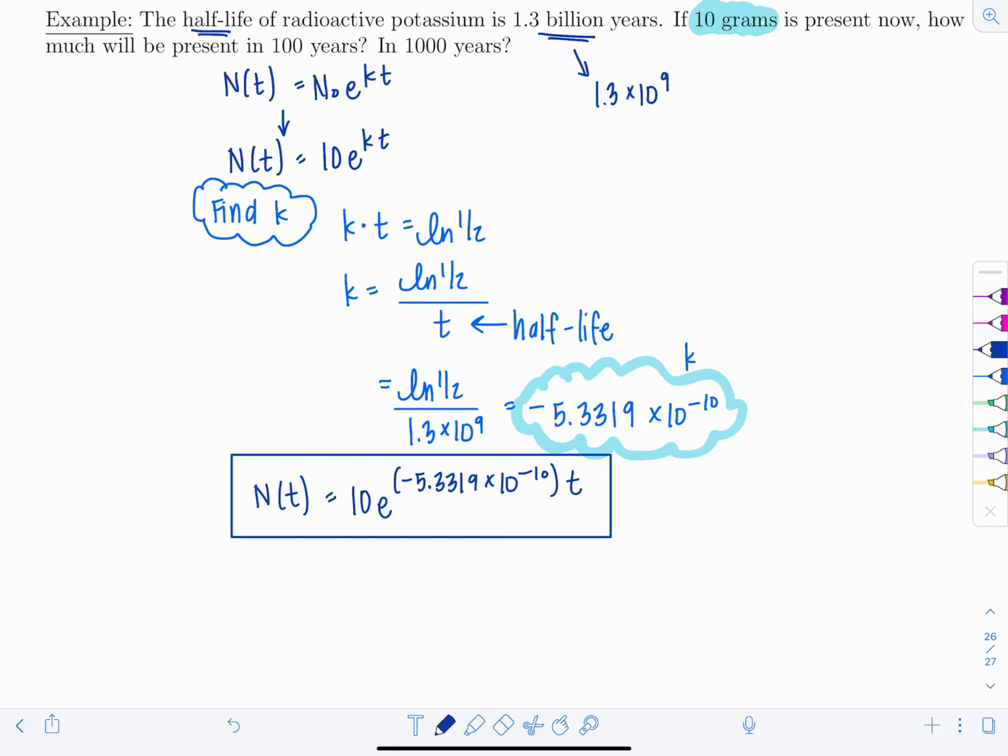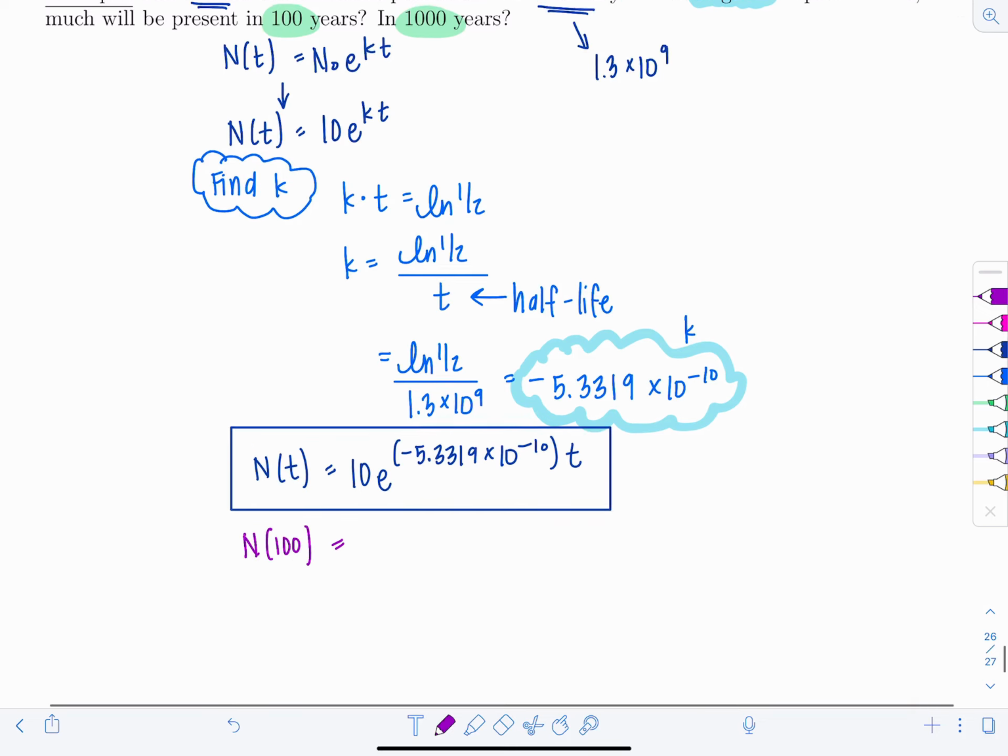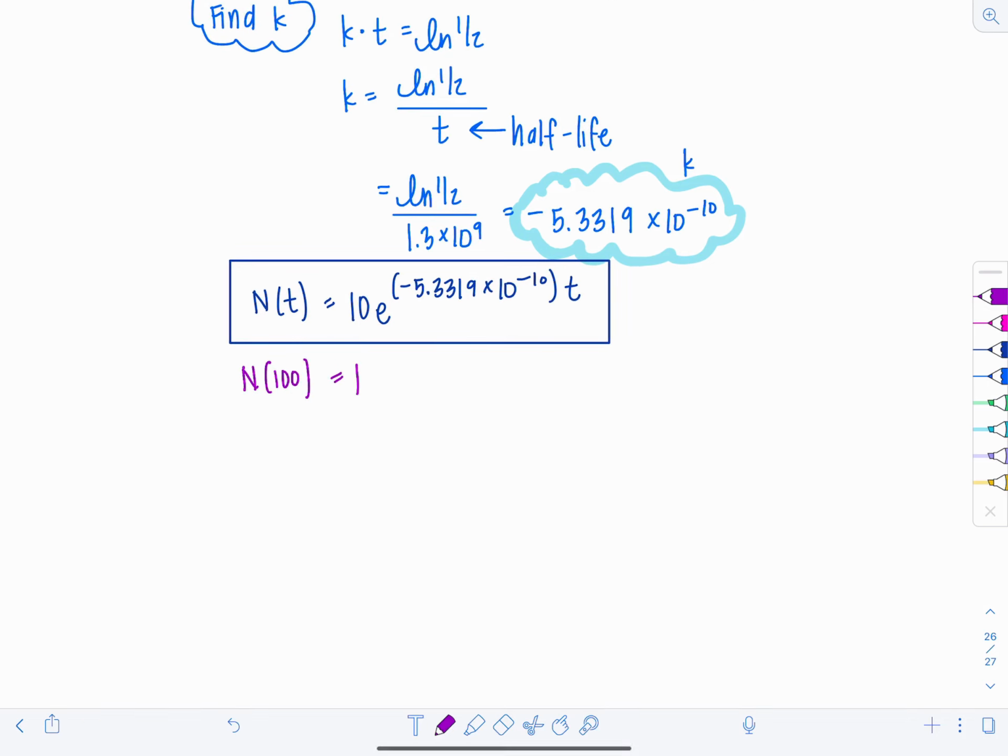How much will be present in 100 years and then in 1,000 years? So I'm going to plug in 100 and then 1,000 for t. So n of 100 is equal to 10 times e to the negative 5.3319 times 10 to the negative 10th times 100.